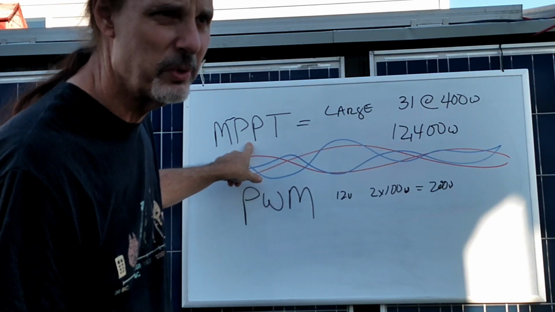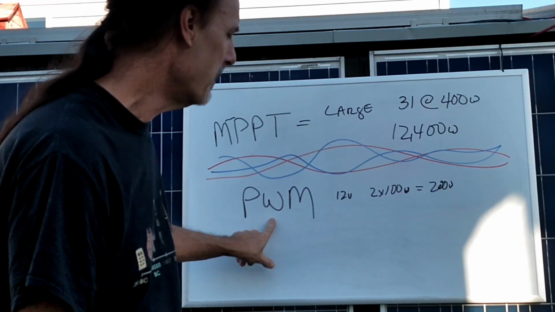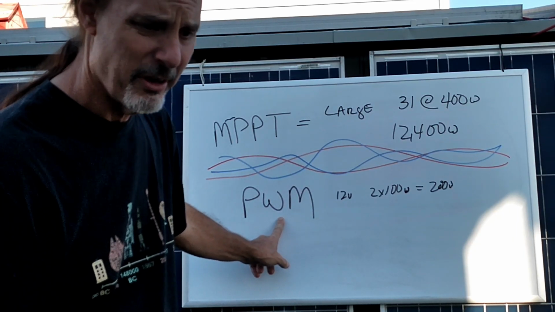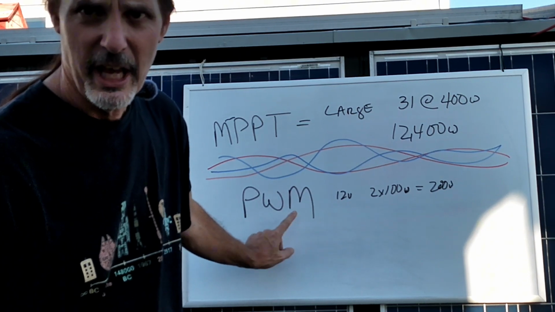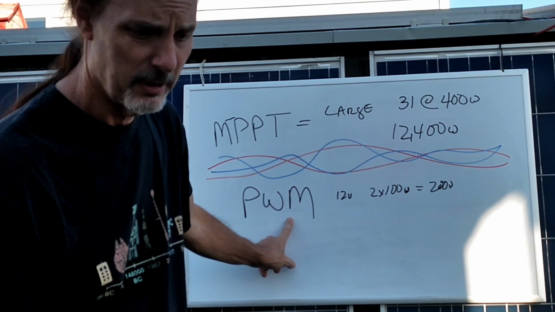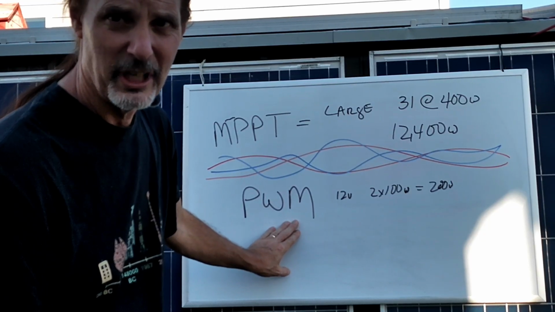There is only one really good use case that I know of for a PWM. This is a very small 12-volt system, where you have panels that are matched very well, you're very, very cost restricted, and you need a super cheap charger. That would be the only real use case that I can see.